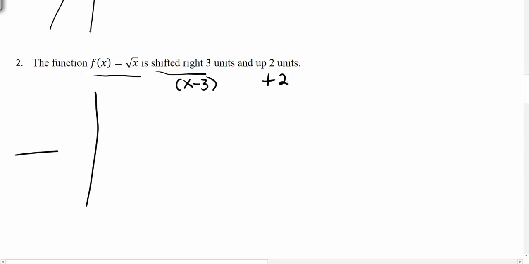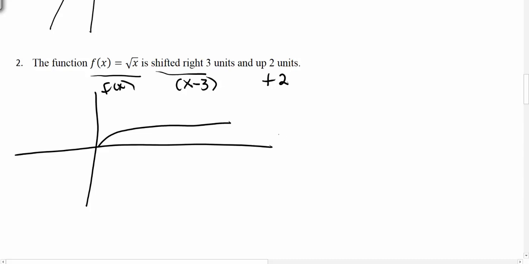So we start with the typical graph of the square root of x. Looks like that. Starts at 0. And now, if we shift it right 3 units and up 2 units, 1, 2, 3, 1, 2, that means my new graph is going to look like that.